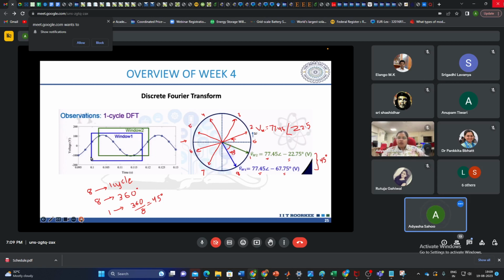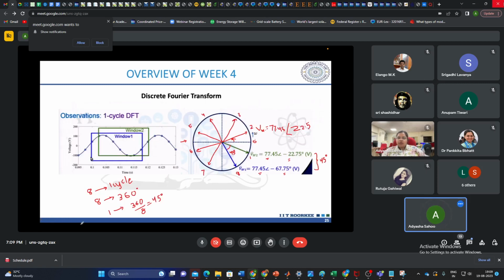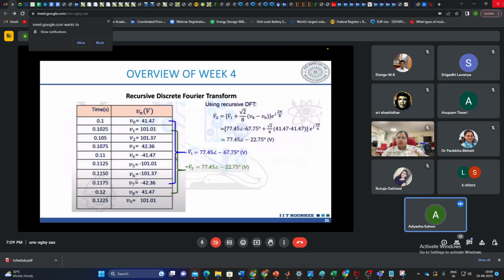Okay, so this was the conventional DFT. Then we'll see some variants of it. First is this recursive DFT. So what we are doing here is, if you see, for this outer V1 window and V2 window, they have the same samples of data from here to here.